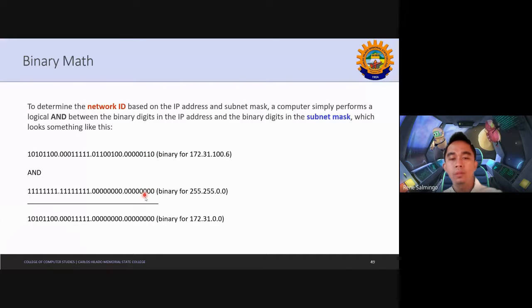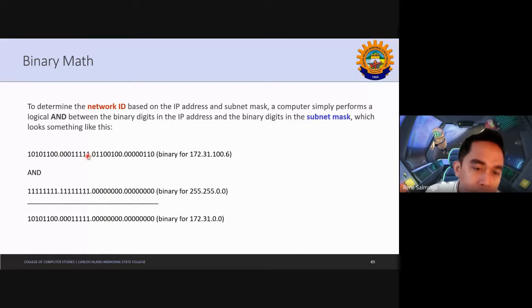Since there is no one on your subnet mask, nothing will make it true, so all of this will be 0. When you go to your second octet, this would make the difference if there is.